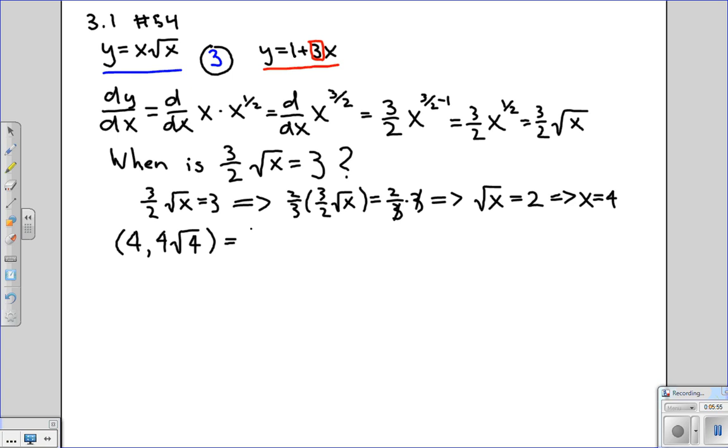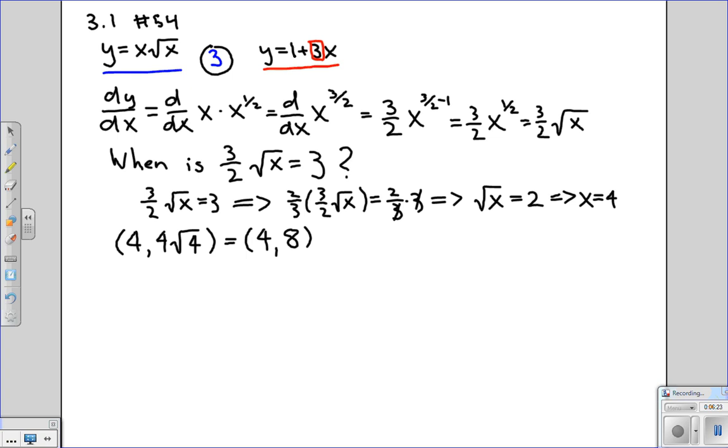We can rewrite this as 4 comma, the square root 4 is 2, so that's going to be 8. So we now know that at the point 4, 8, the tangent line to y is equal to x square root x has as its tangent line something that is parallel to 1 plus 3x.